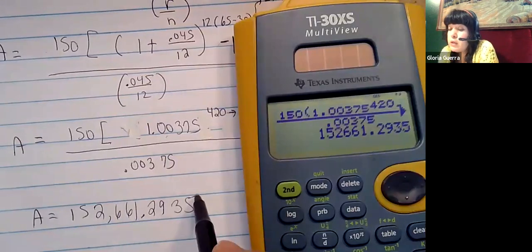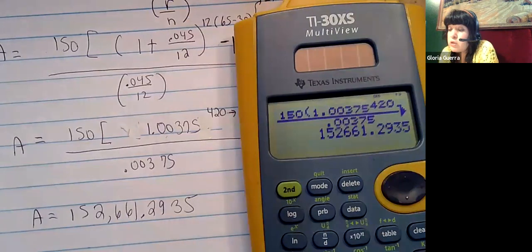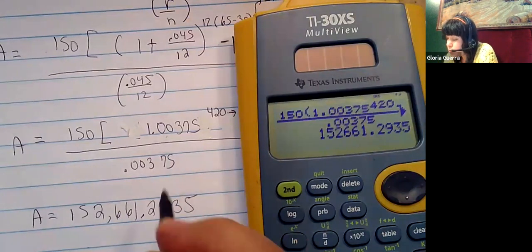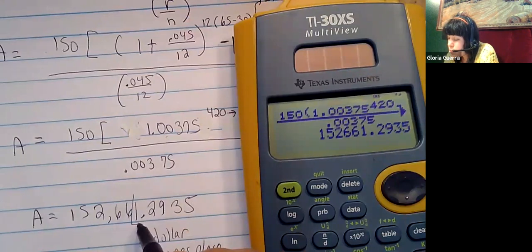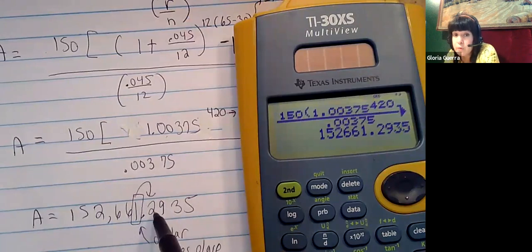Okay, and then they said simplify your answer, round to the nearest dollar. Okay, nearest dollar. So nearest dollar is the ones place. So it's right here. Okay, and look at the number to the right. Is that 5 or more? No. So this stays the same.